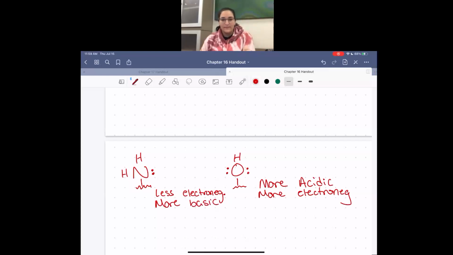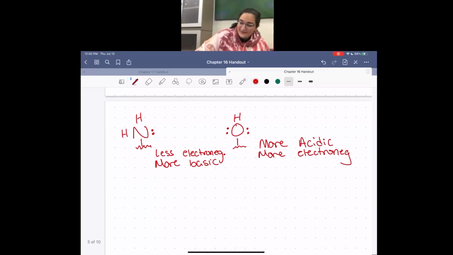So with this in mind, which one of these two atoms is going to be more likely to donate its electrons? Nitrogen, yes, exactly.